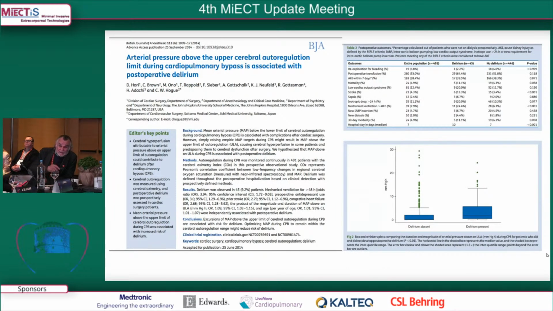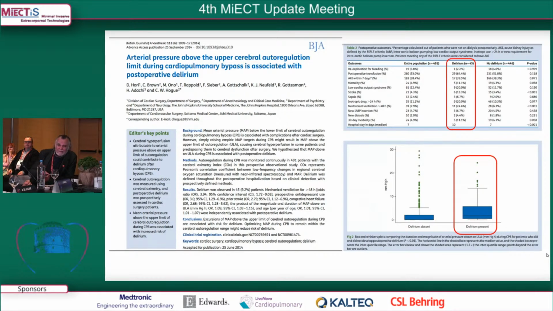This was, again, very similar to the results shown by Hoag and colleagues at Johns Hopkins, where they were using NIRS to determine the upper and lower limits of the autoregulatory parameters in the brain, and found again that in patients in whom they became hypertensive, even postoperatively, if that was outside the upper bound of their cerebral autoregulatory limits, this was associated with postoperative delirium.